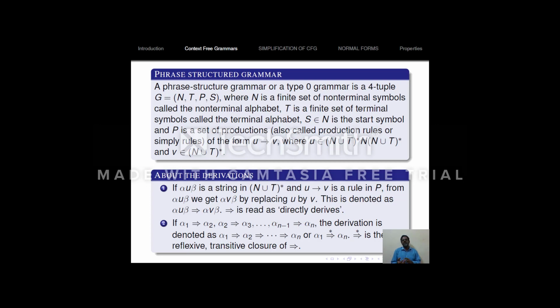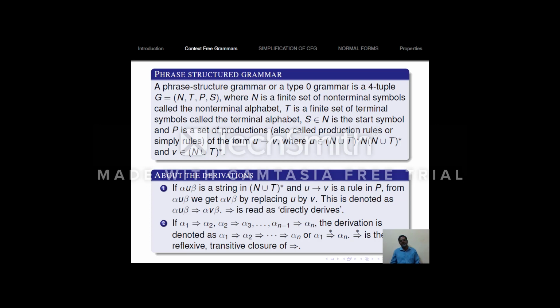The first part, (N union T)*, tells you that U can be a combination of N and T. And then there is one more N in the middle, between the two (N union T)*. This is made to ensure that at least one non-terminal should be on the left hand side of the rule. That is the main purpose.